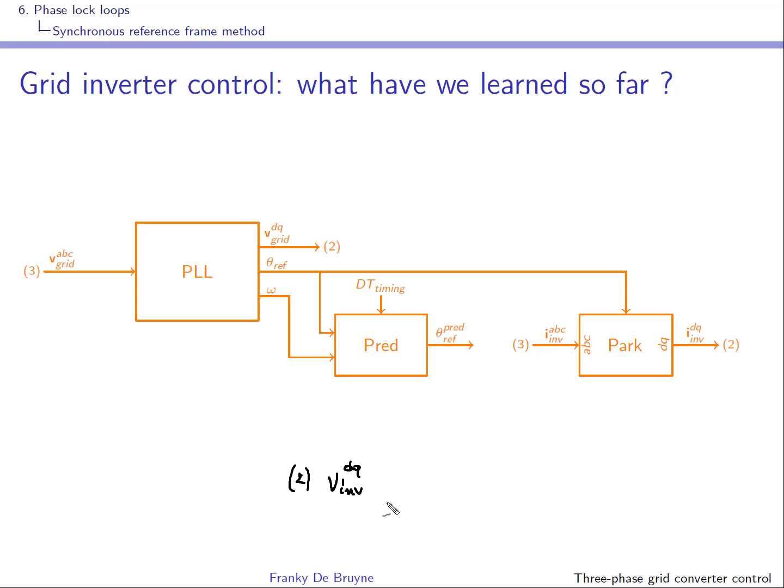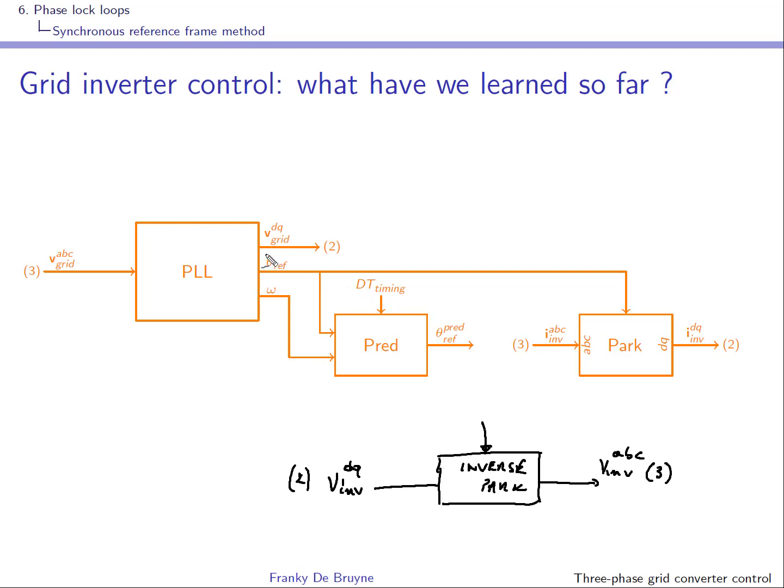So it will be a 2-dimensional vector, and we'll use an inverse Park transform to produce the inverter voltage in the ABC format, which will be a 3-dimensional vector, and of course you need a reference angle to do this inverse Park transformation.